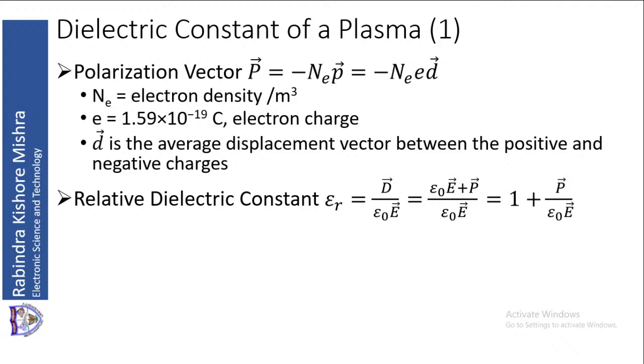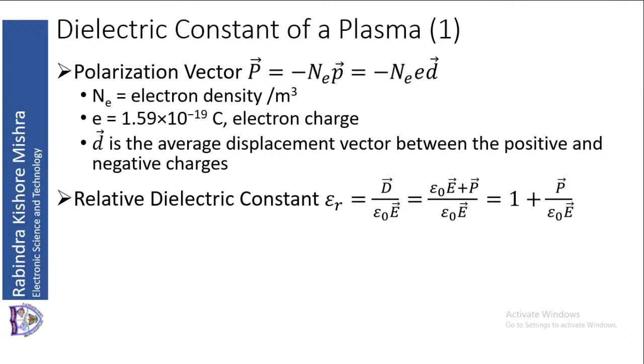As you know, the relationship between D and E is D is equal to epsilon E. Epsilon is epsilon 0 into epsilon r. Therefore, D is equal to epsilon 0 into epsilon r into E, from which we can say epsilon r is equal to D by epsilon 0 into E.